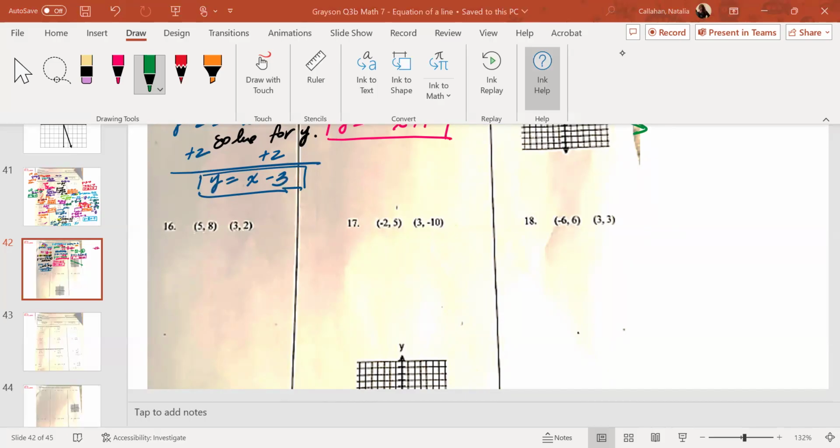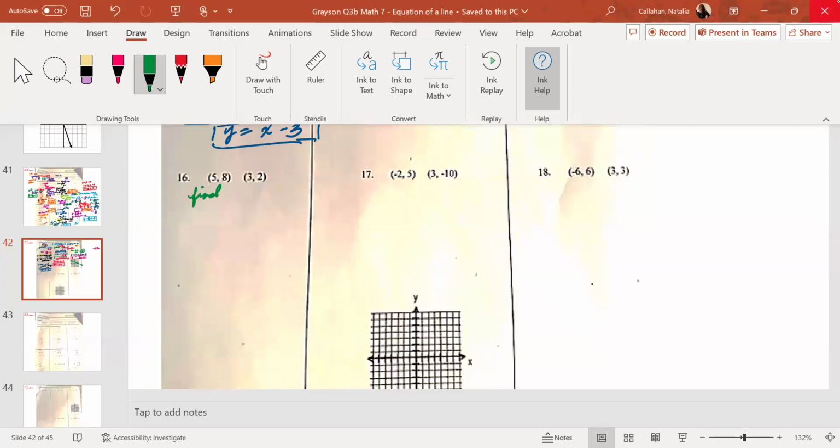Okay, well, it's not working now. What is happening? Okay, so for number 16, you need to find what?